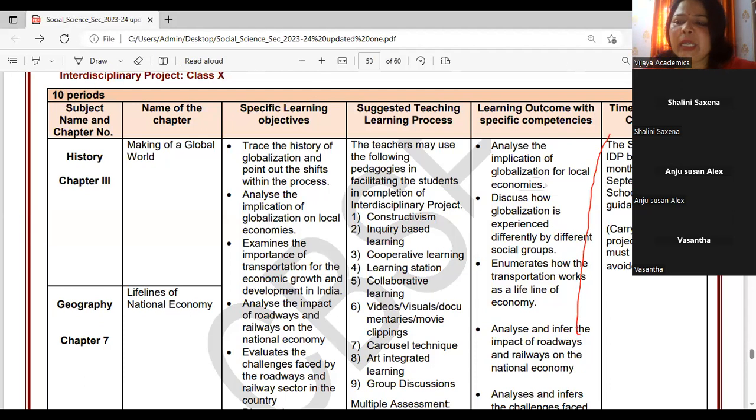The school is to do the IDP between the months of April and September. Keep in mind that you are going to do this project between April and September at the school under the guidance of the teacher. Carrying over the project to home must be strictly avoided.